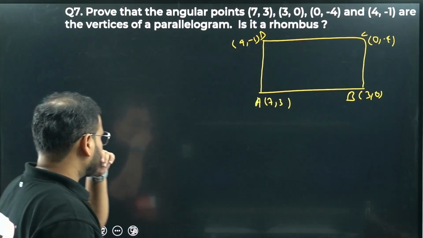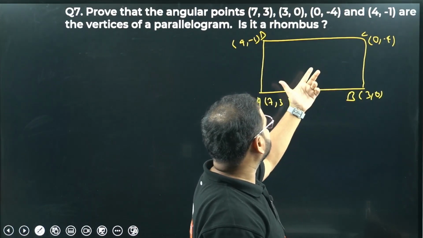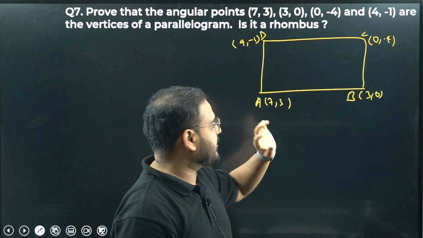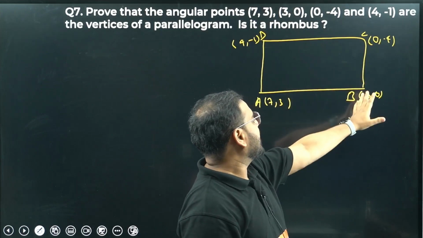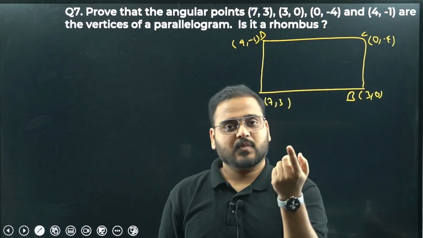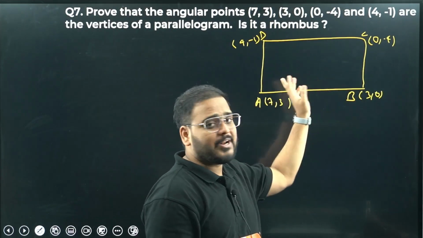So do one thing. If I can prove that AB equals CD and BC equals AD, think about it. It can be two things, either a parallelogram or a rectangle. But for a rectangle, I have to prove AC equals BD also.